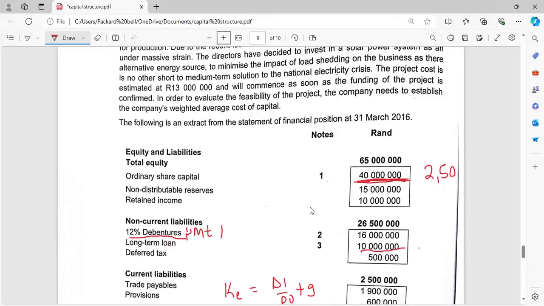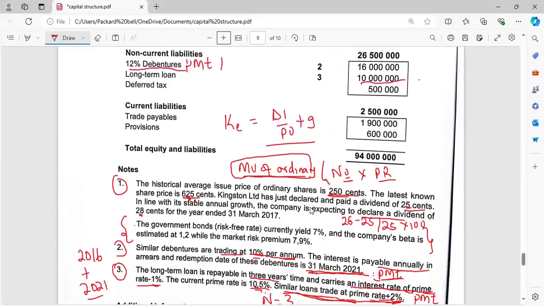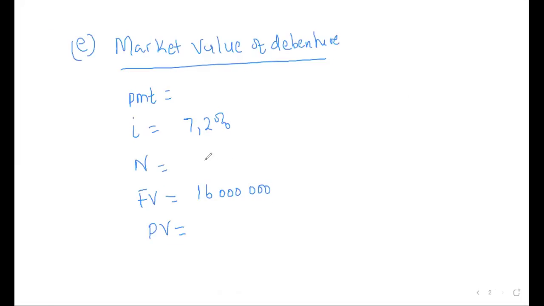So we start from 31 March 2016 to 31 March 2021. It's 5 years, am I right? Yes, it's here. The debenture is redeemable on 31 March here. So that's the period for which we should keep the debenture, from 2016 to 31 March 2021, 5 years. So that gives you your N as 5 years.